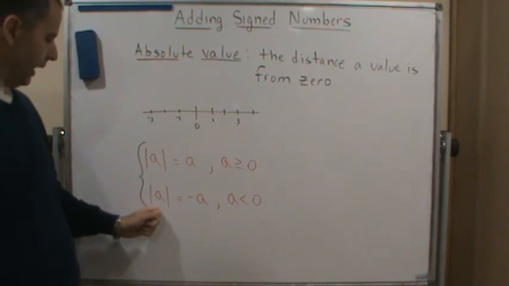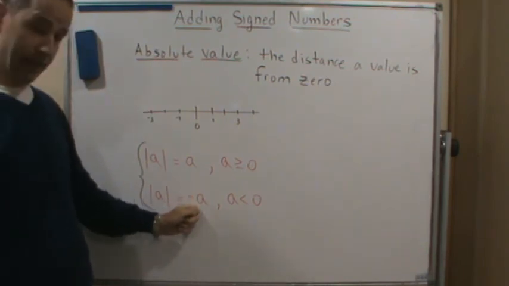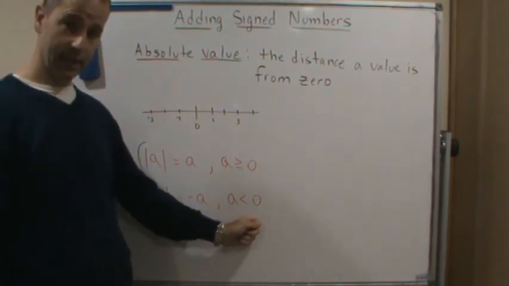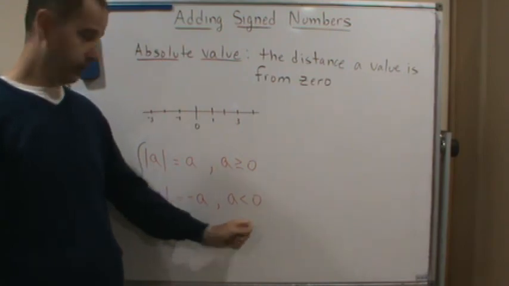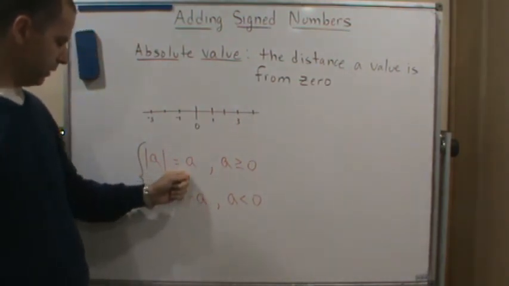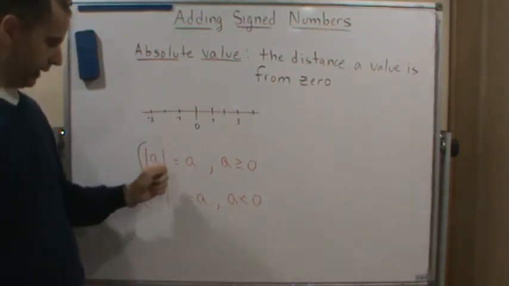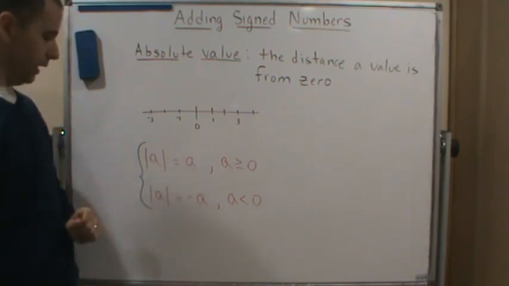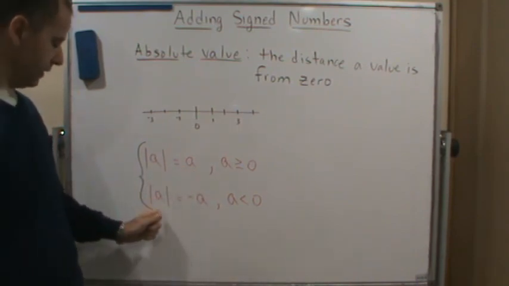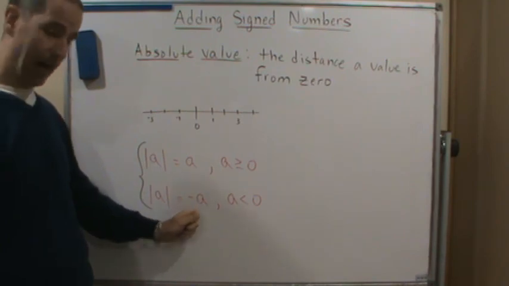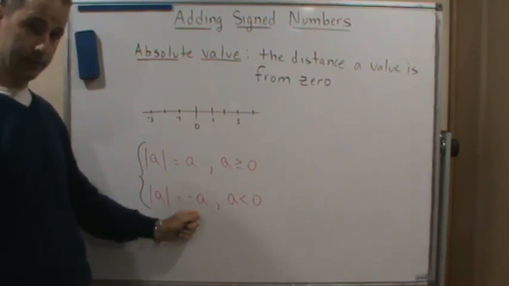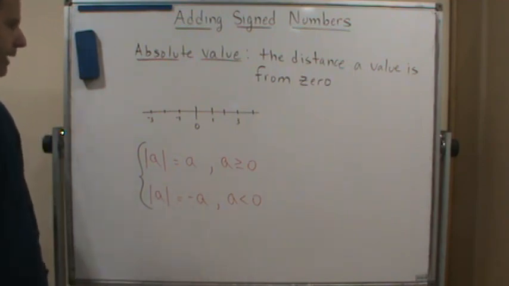The absolute value of A is equal to the opposite of A if A is less than 0, or negative. So if A is positive or 0, the absolute value of A is just A. If A is negative, then the absolute value of A is the opposite of the negative value, which is again positive. Okay? And that's it.